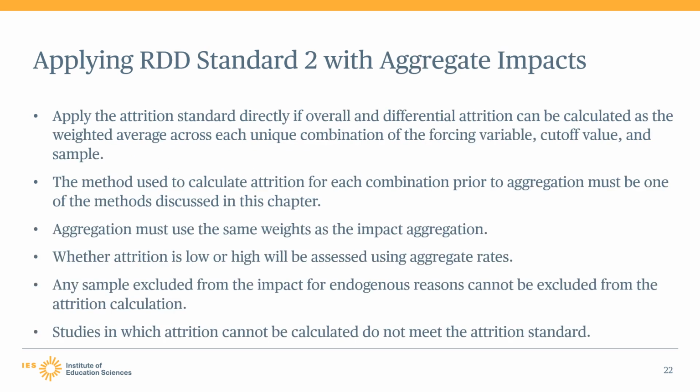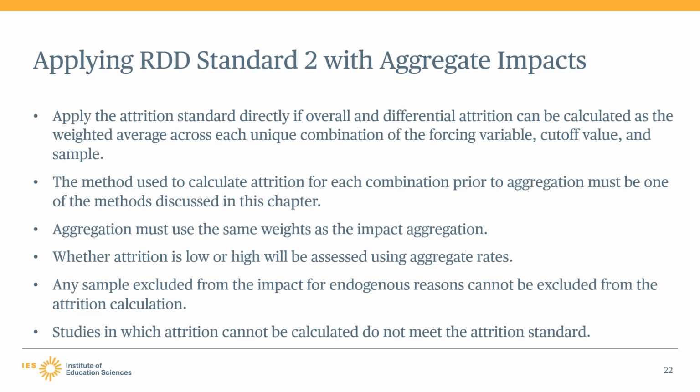Recall that other RDDs may report aggregate impacts for some combinations of forcing variables, cutoffs, and samples. Remember that aggregate impacts are defined as those that are calculated as weighted averages of impacts calculated separately for every combination of forcing variable, cutoff, and sample.